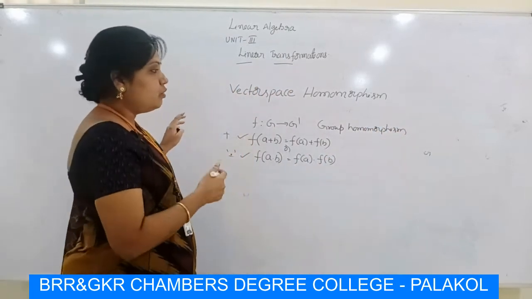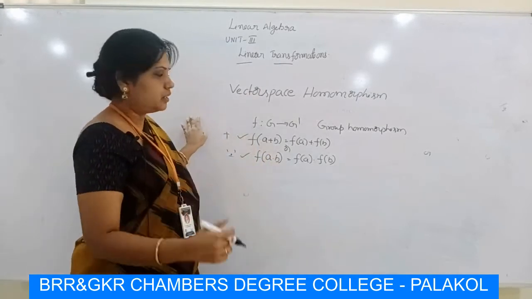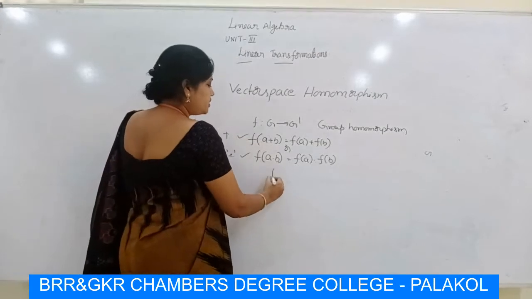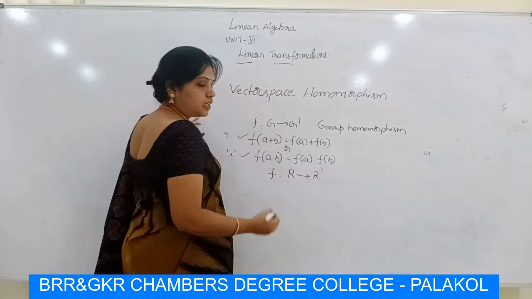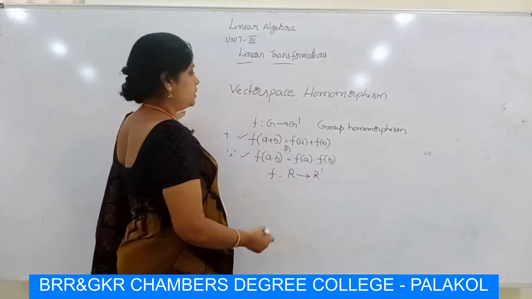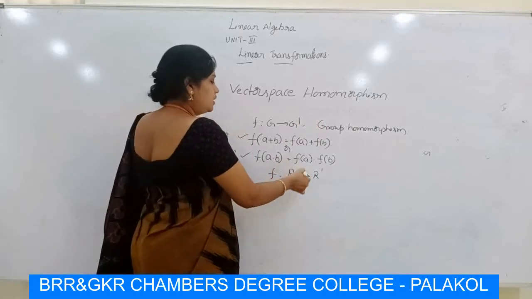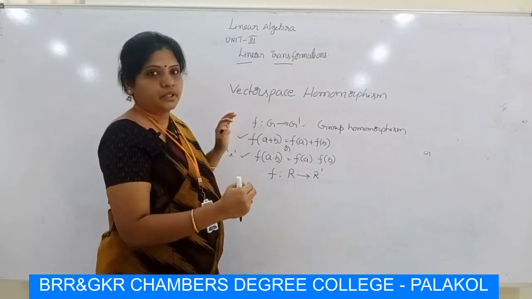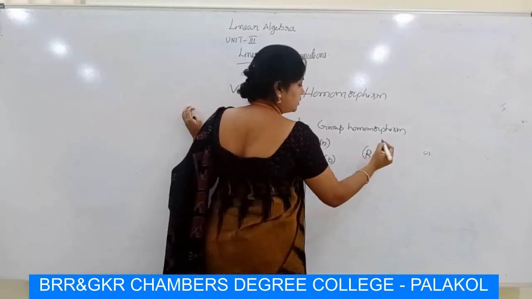And ring homomorphism is in the 5th semester, 5th A paper. A ring homomorphism is defined as f maps R to R', where R, R' are two rings. In a ring we define two binary operations, plus and dot.